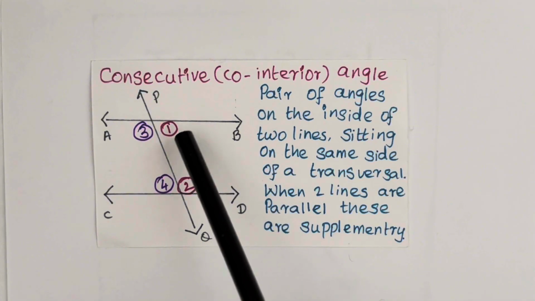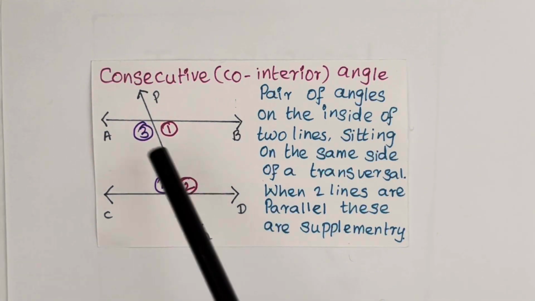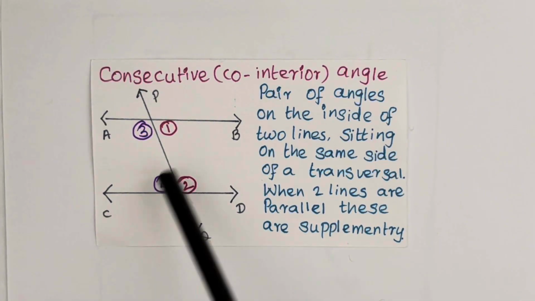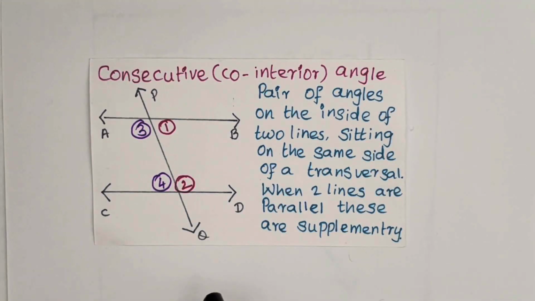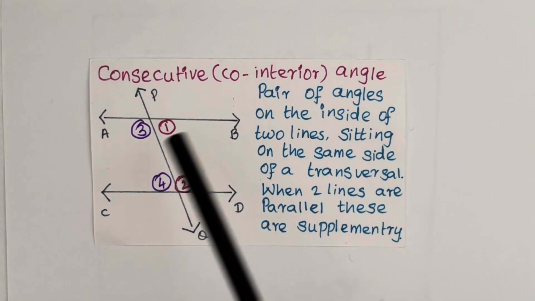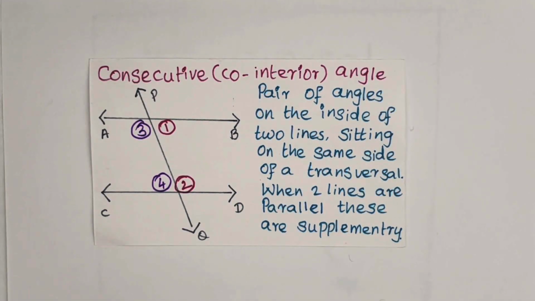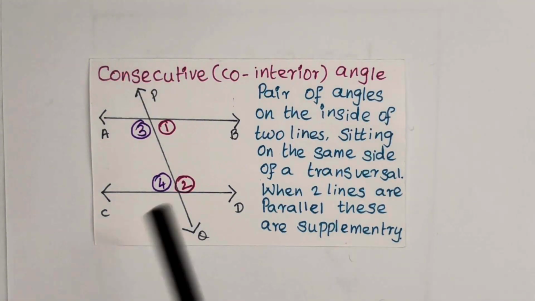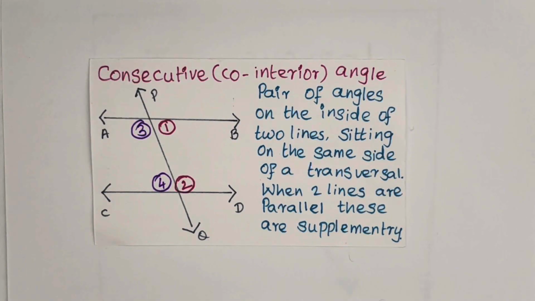On this side we have 1 and 2, and on this side we have 3 and 4. So 1 and 2 are co-interior or consecutive angles, and 3 and 4 are consecutive angles. When these two lines are parallel, these angles are supplementary.